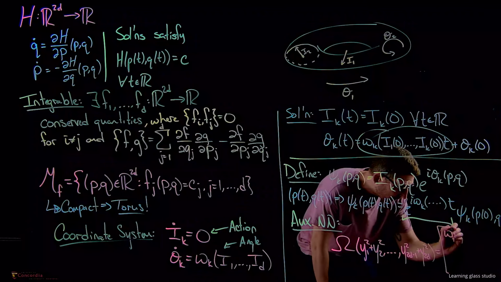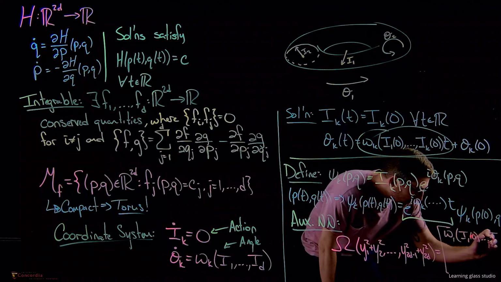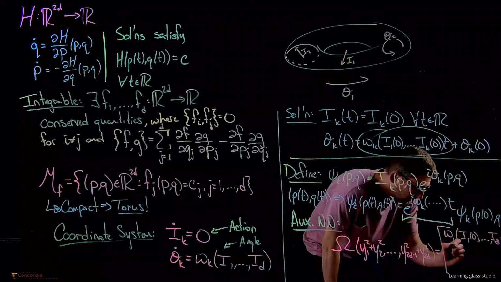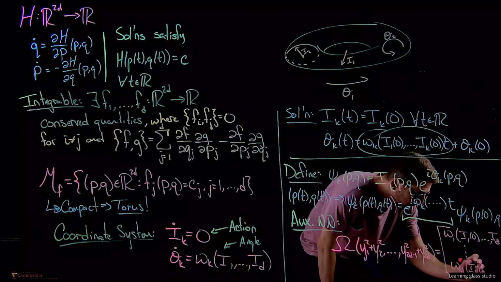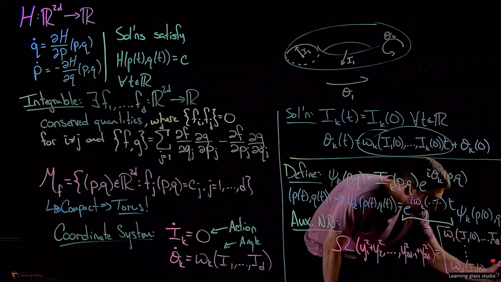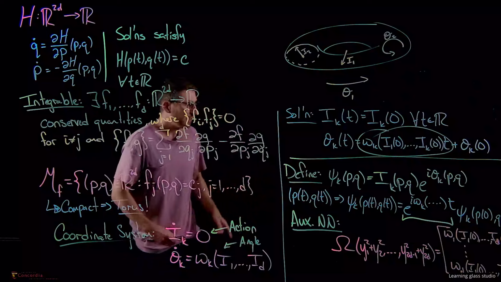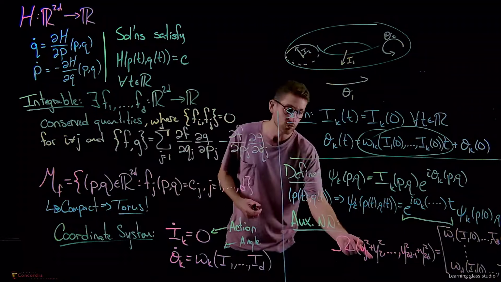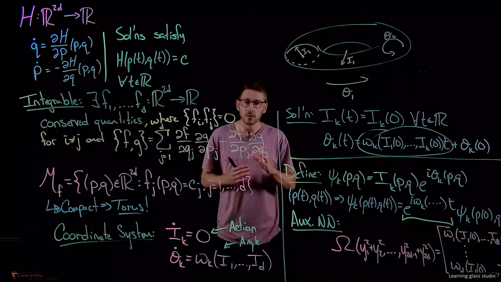So it's going to be omega 1 of I1 of 0, through ID of 0, and then all the way down to omega D. So basically what you do is you create another neural network that sits along with the original Koopman autoencoder network that learns the frequencies depending on where you start or what circle you are on. Let me show you an application of this so you can really understand it.